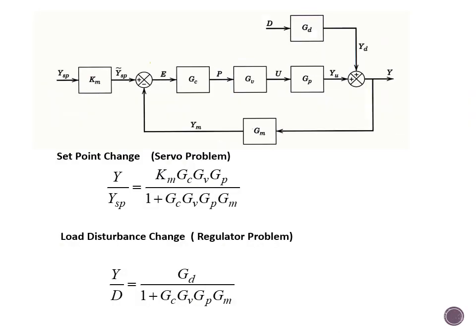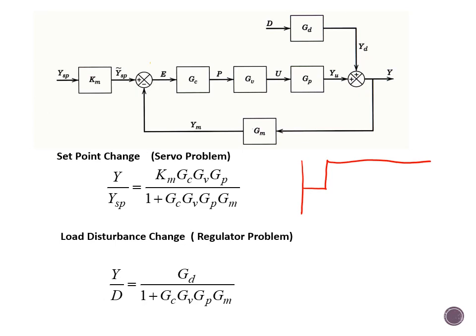A feedback controller can have two objectives. The first one is the servo controller, which responds to a change in set point. So the set point may be changed as a function of time. Alright, so this is, for example, the change in set point, and therefore the control variable must follow the set point.